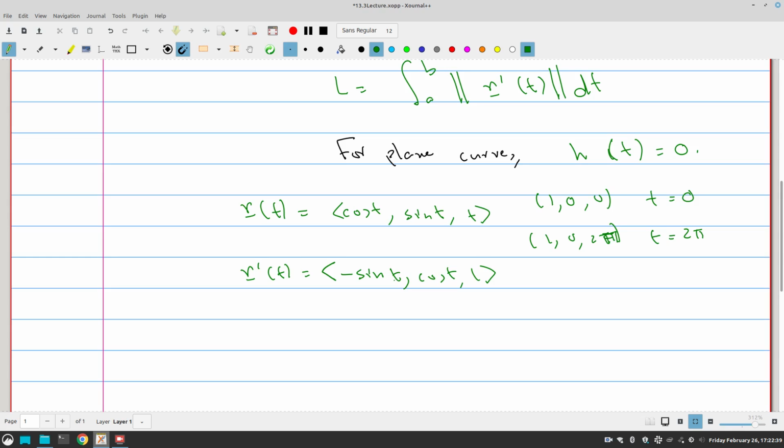So this is A and this is B. Then the length is given by the integral from 0 to 2π, sorry, not 1, of the modulus of r prime(t), which you can calculate is the square root of sine squared t plus cosine squared t plus 1, which is the square root of 2, dt. So this is equal to 2√2 π.